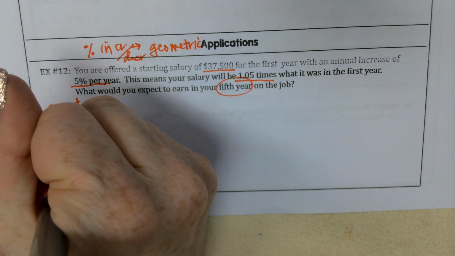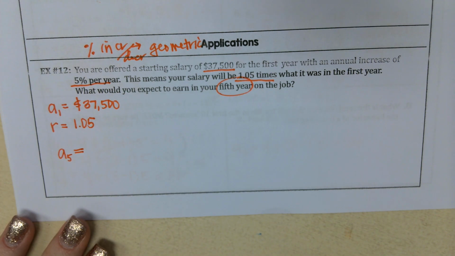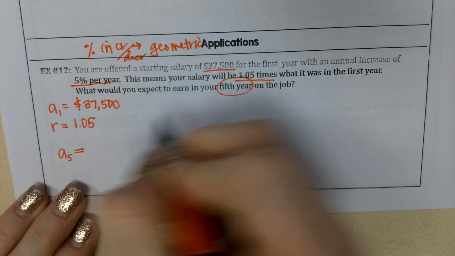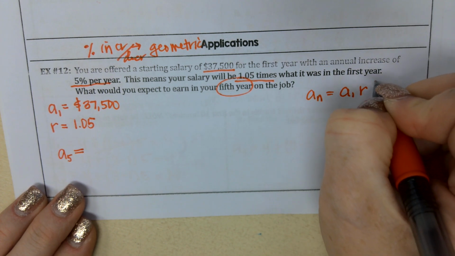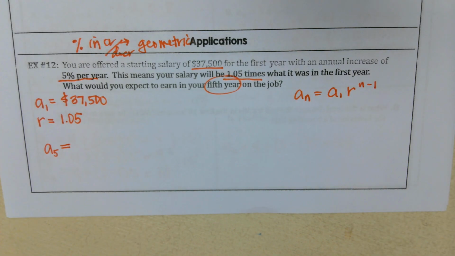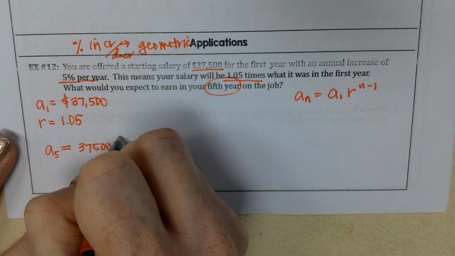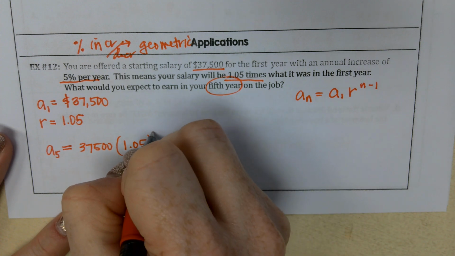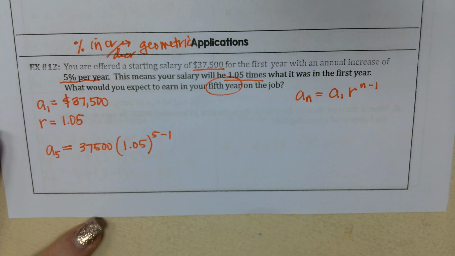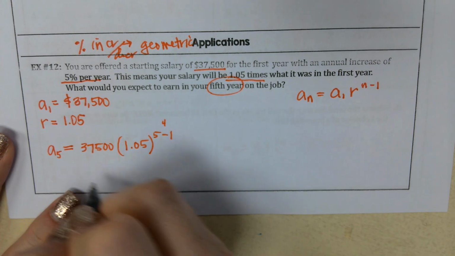Now I am asked to find what my salary is going to be in the 5th year. So I am using this geometric sequence right here. $37,500 times my 1.05 to the 5 minus 1 power, which turns into a 4.